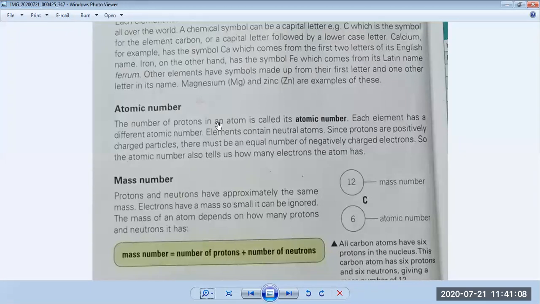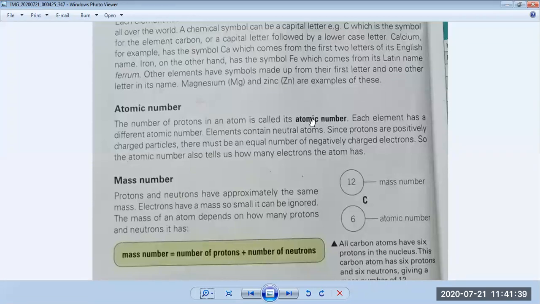One has positive charge, and the other has no charge on it. Those are called neutrons. So the structure of an atom is made by three fundamental particles: protons, electrons, and neutrons. Protons and neutrons are present in the center of the nucleus. So the number of protons present in the nucleus is called its atomic number.